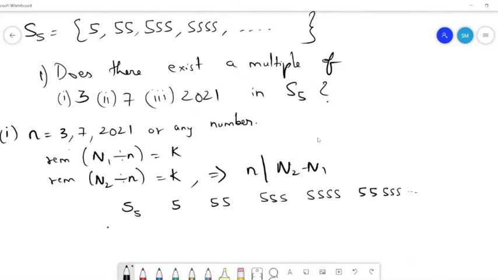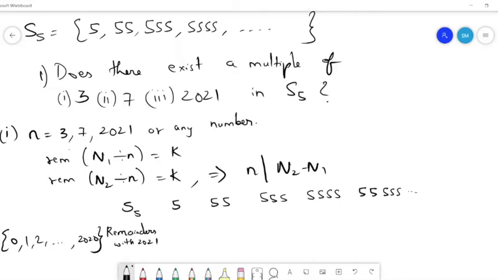Now let us take the remainders when we divide with 2021. So what are the possible values the remainders can take? Yes, 0 to 2020. 0, 1 to 2020. These are the possible values.